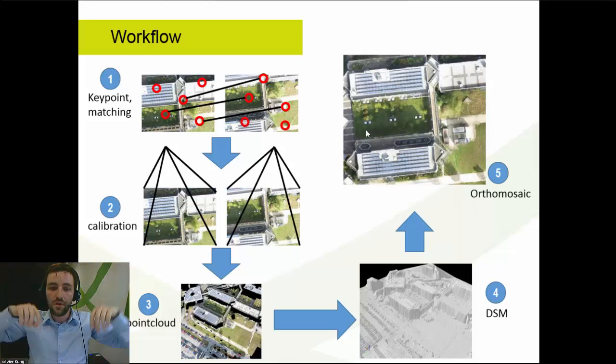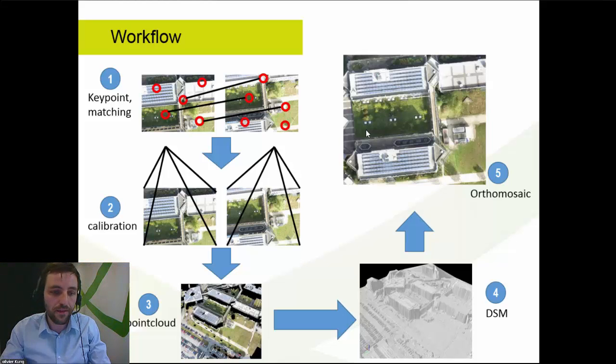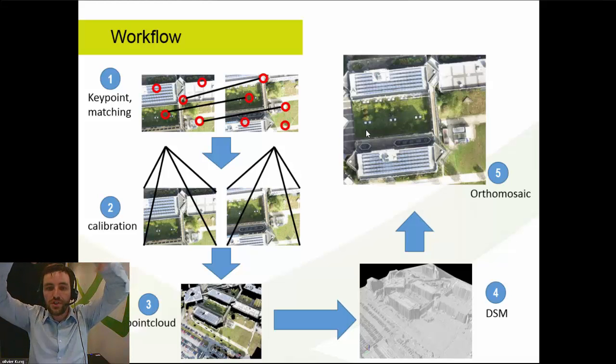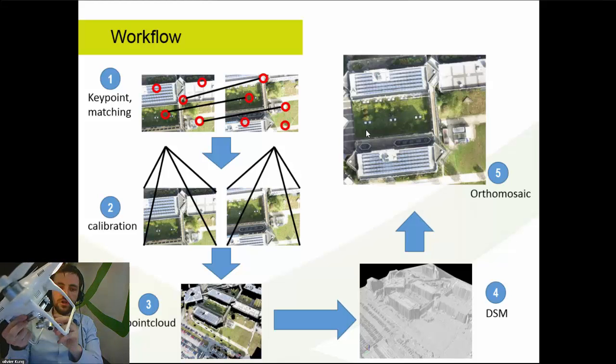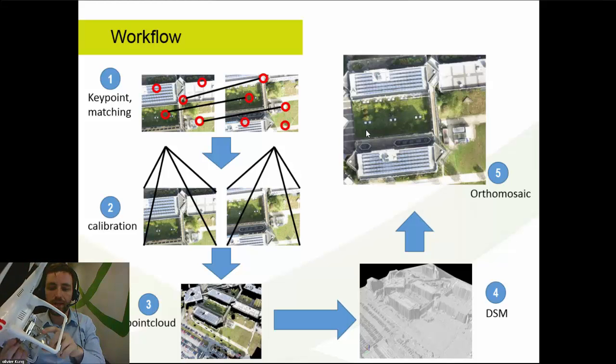Once they are matched, we are able to find the real, accurate position of the images, and the positioning of the images is much better than what you get with a GPS. So it's really based on image content, which constrains the images in such a way that you are able to find back what was the real position and also what was the internal shape, or let's say calibration, of the camera.